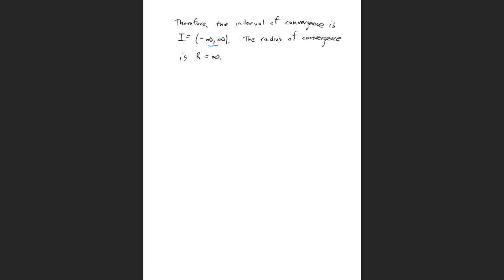And so we can say then that the cosine of 3x divided by 4 is equal to its Maclaurin series.